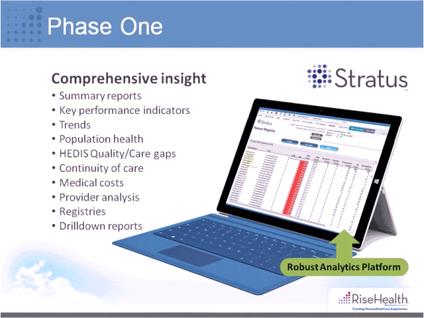With primary care physicians, when you start talking to them about the number of patients and the trends around patients that are seeing the emergency department multiple times in between primary care visits, and then you can get them down to the individual patients doing that, you can really start to drive action. There are some standard things like HEDIS quality and care gaps, some things about continuity of care that are interesting, but also a comprehensive look at medical cost.